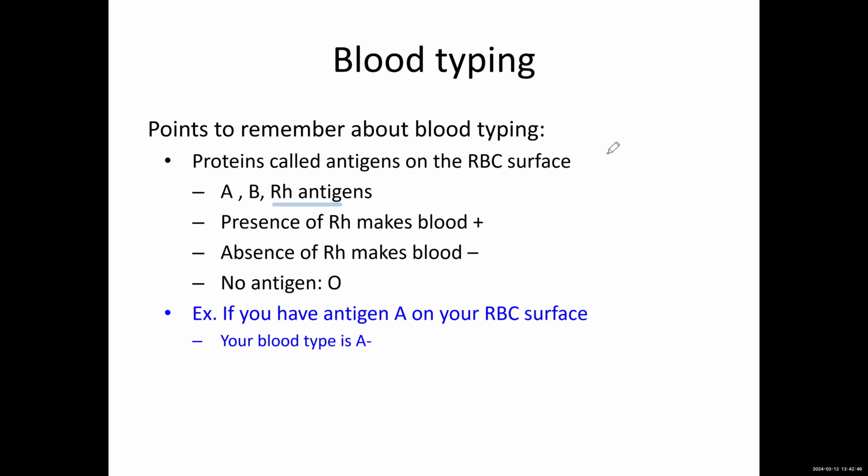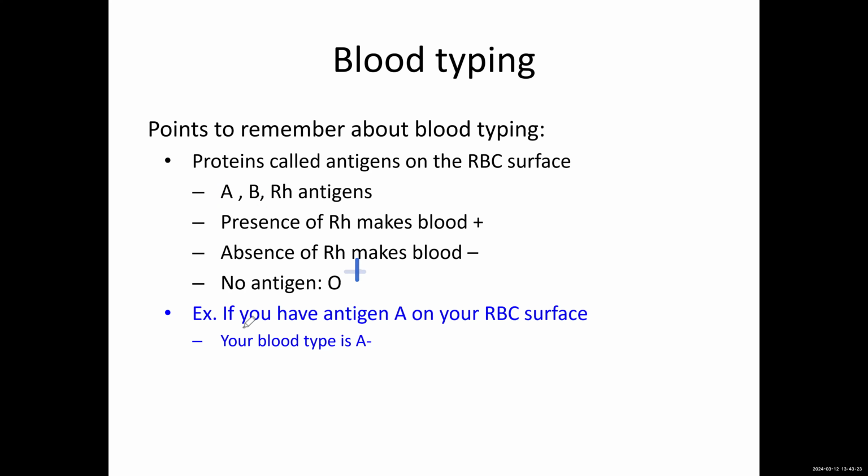Now, if your cell has this Rh, then your blood is positive. Absence of Rh makes blood negative. If you don't have any of this, then it's going to be O. So actually, if you don't have any of this, it's going to be O minus, right? So we have people who don't have A nor B, but they still have Rh, then it will be blood plus.